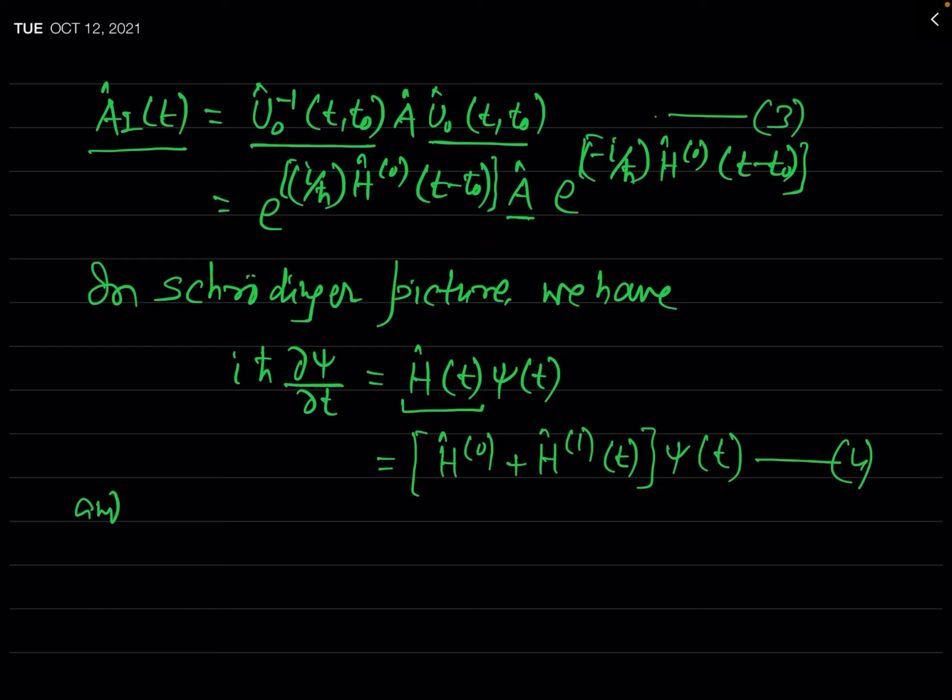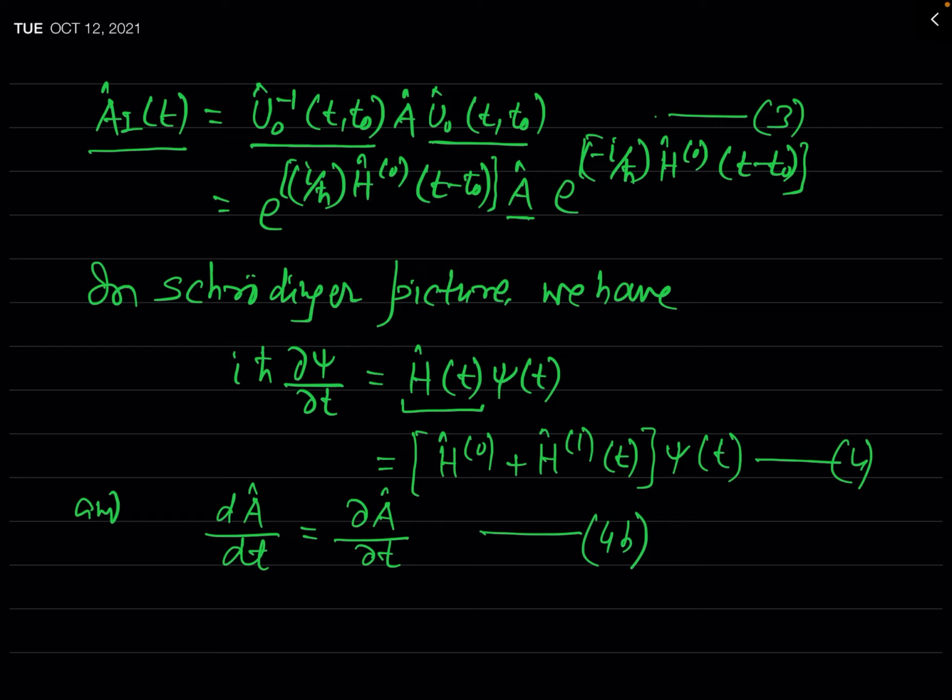And in terms of the operator, you may write that dA hat by dt is equal to del A hat by del t. This is equation 4b. These are the equations of motion in the Schrodinger picture.